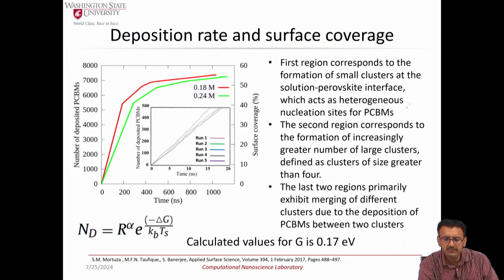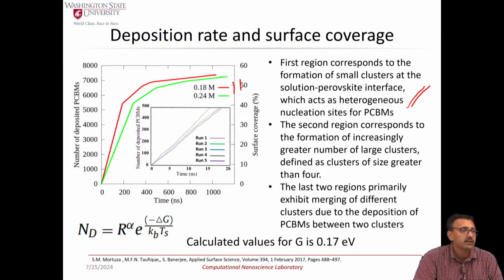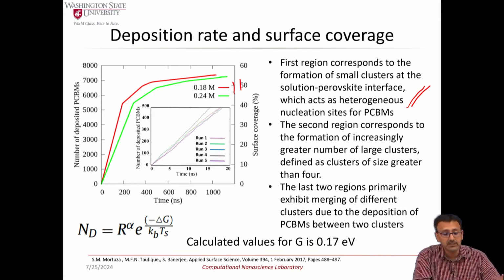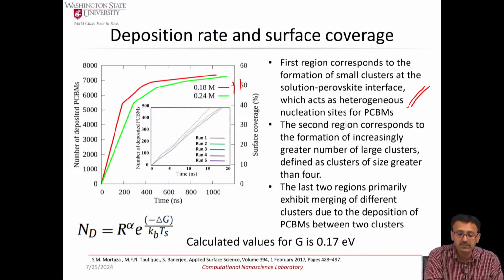What we found is in the first region, at the beginning of the deposition process, let us say the first 200 or 250 nanoseconds, we have smaller clusters as expected on the surface, and it is heterogeneous, though there is a little bit of a distinction between the two concentrations. With the higher concentration, there are a few big clusters that are starting to form even at the initial phases.